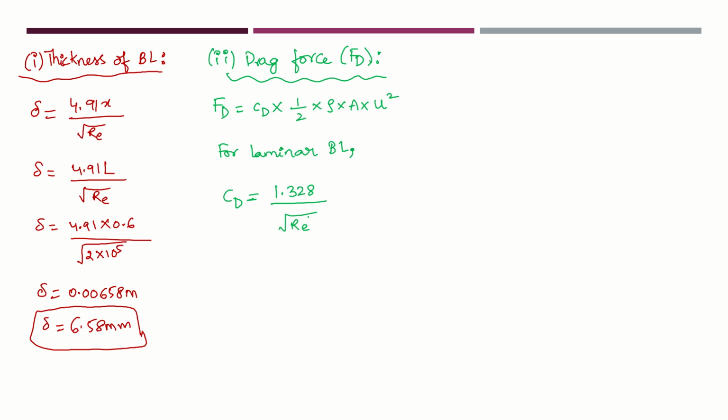I will use this formula and substitute the values. So Cd is equal to 1.328 by the square root of Re, which is 2 into 10 power 5. From here, Cd comes out to be around 0.00296. It is a coefficient, so do not put any units for this.